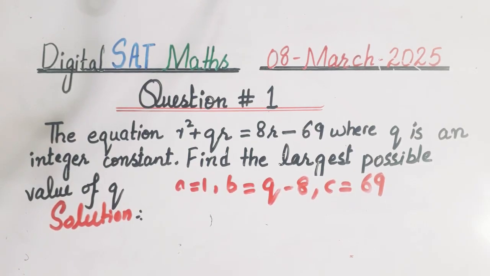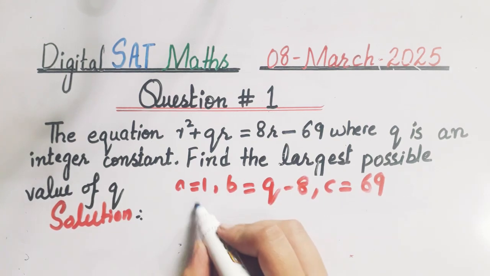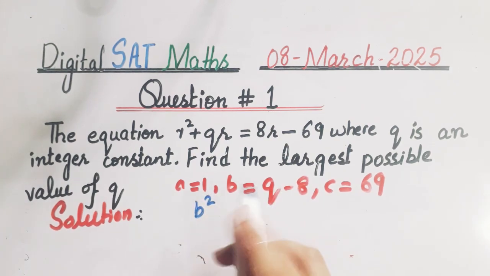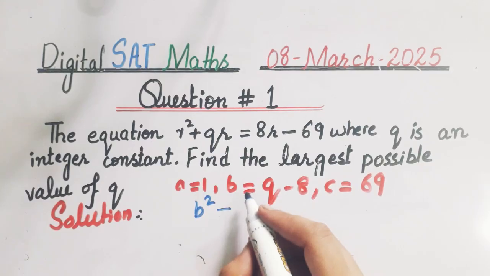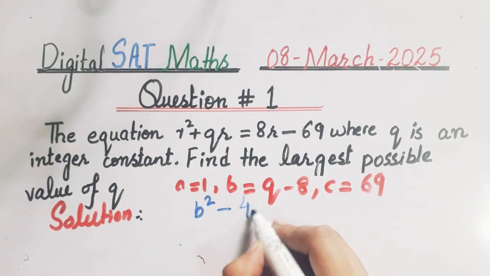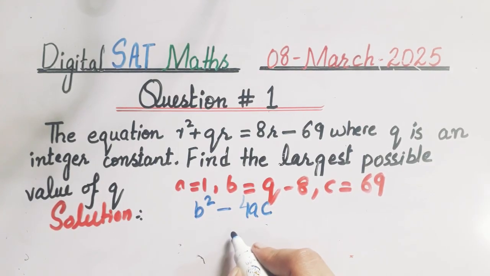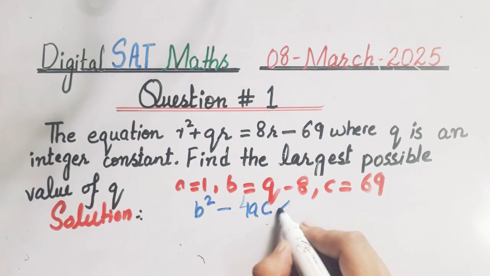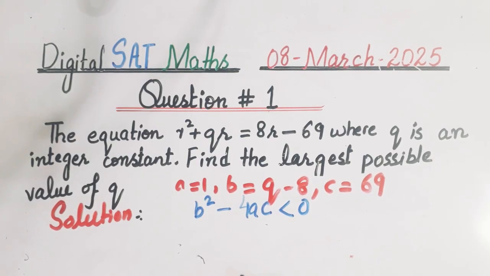For this purpose we will apply the condition that b squared minus 4ac, the discriminant, is less than 0. This is the condition for no real solution. Now we will substitute all the values in this.